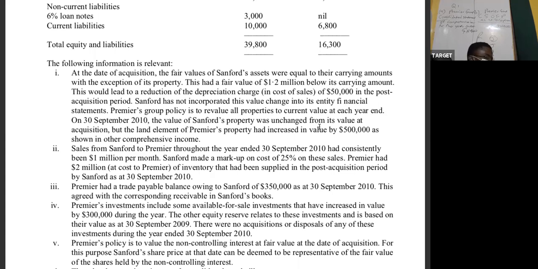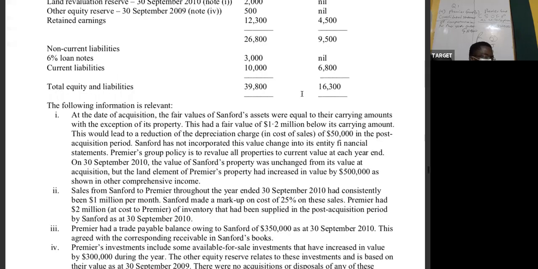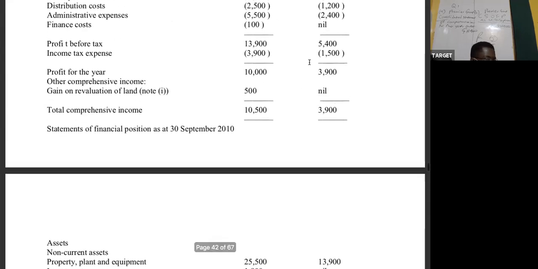So they had a revaluation gain on the land of 500. Here there's a loss on the building, but that one has been recorded, so the 500 has been recorded. You should take note of that. When you go to the financial statement, that is the 500 you see here.